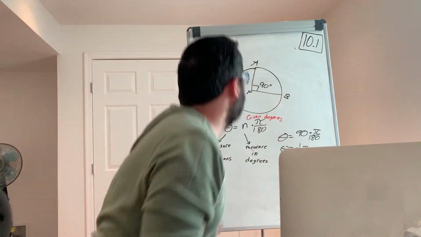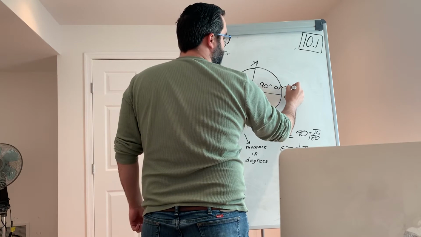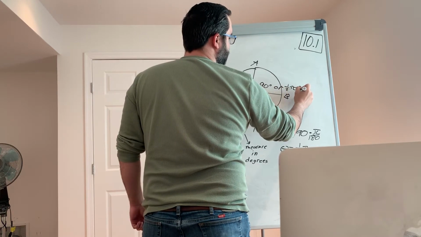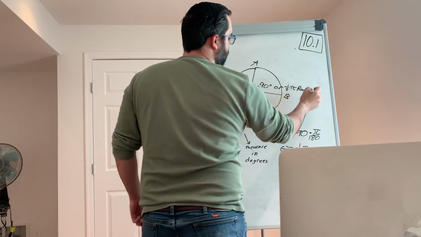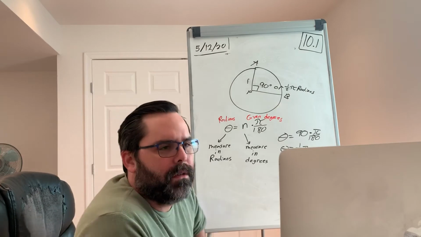So this is 90 degrees or 1/2 pi radians. Radians we like to leave in terms of pi. We don't like to actually multiply it by pi's decimal expansion, okay?